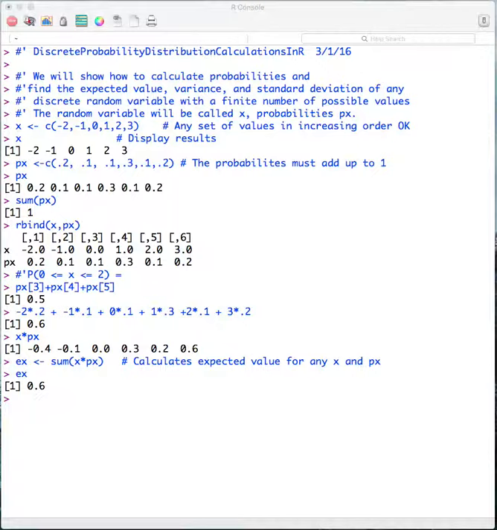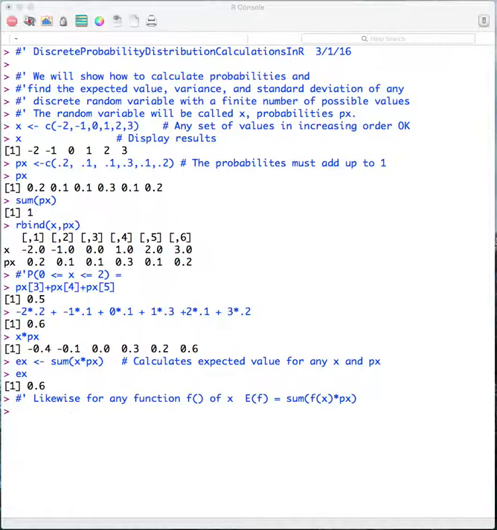A little later on, we'll see what expected value does. Now, for any function of x, we can actually define the expected value of that function of x as just the sum of f evaluated at x times the probability of x, element by element, added up, just like we have here.